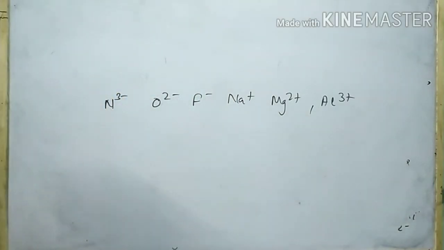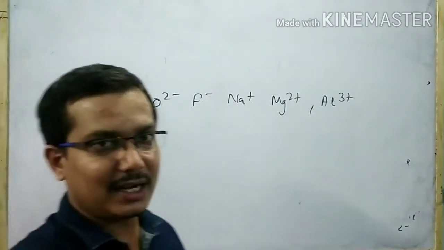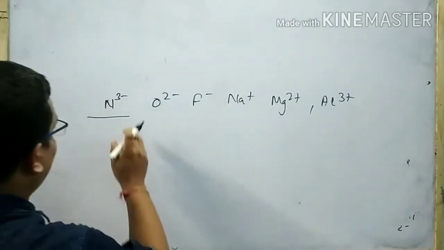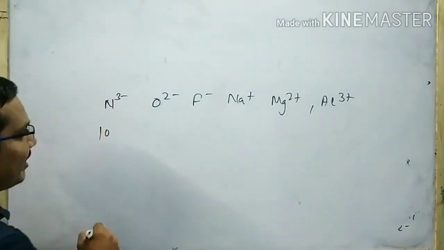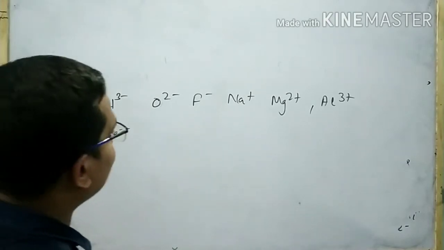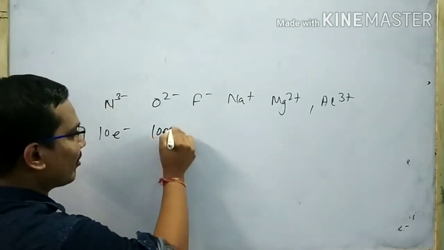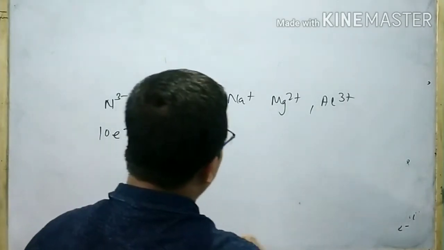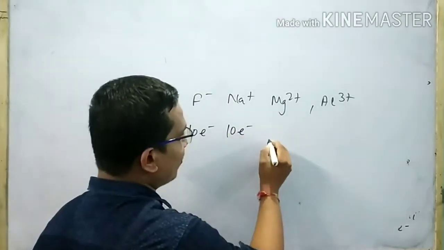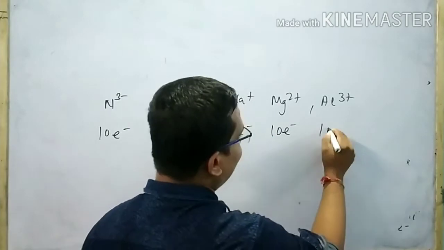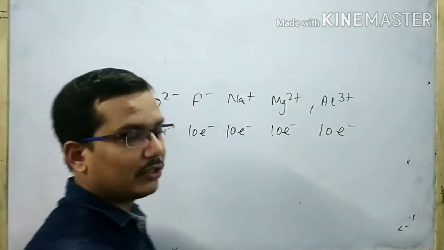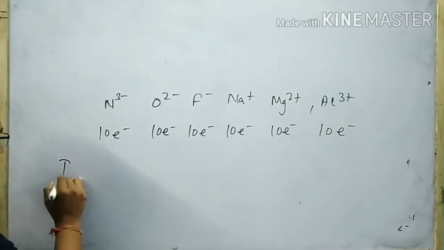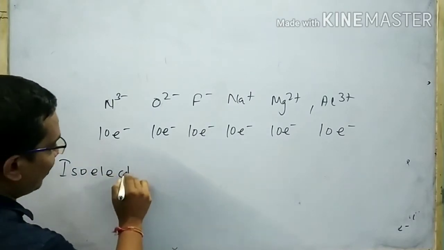Which has more radii and which has less radii? In N3 minus 10 electrons are present, in O2 minus 10 electrons, in F minus also 10 electrons, in Na plus also 10 electrons. All the ions carry 10 electrons. So these ions are called isoelectronic ions.